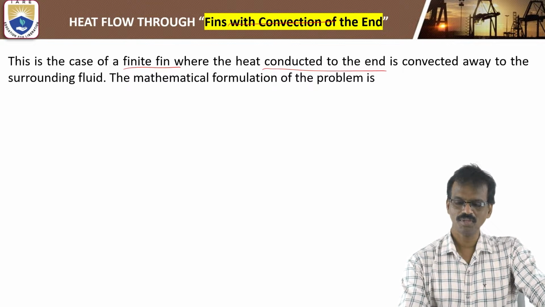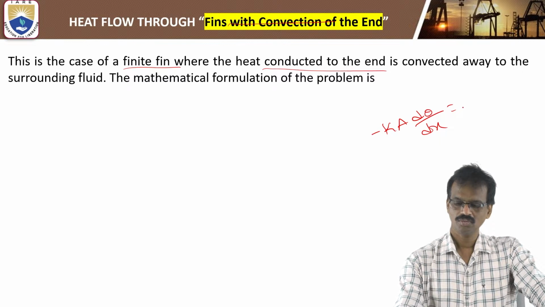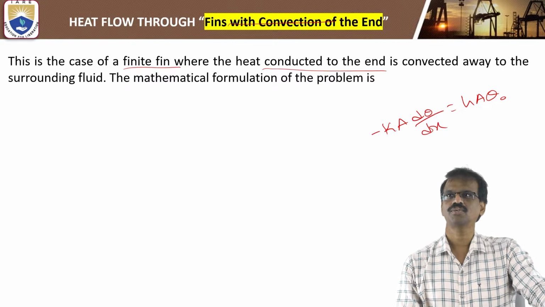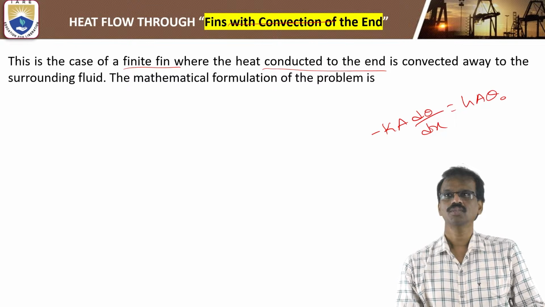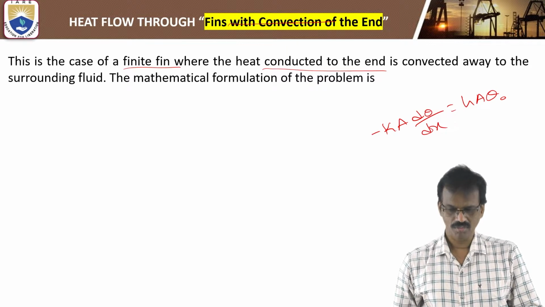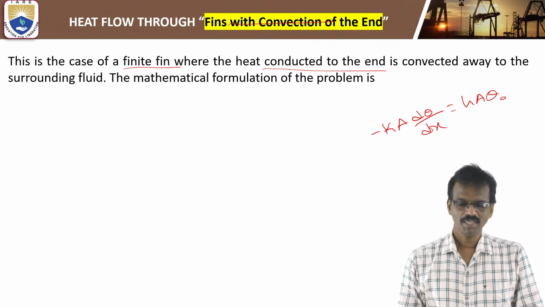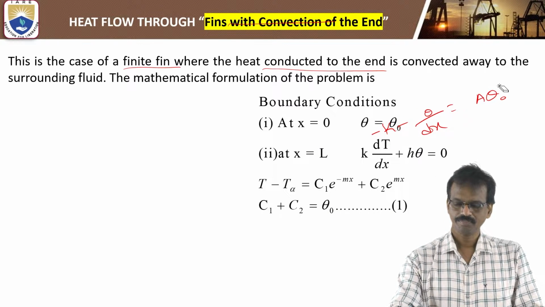So you know the formula: minus KA d theta by dx for conduction is equal to hA theta naught for convection. This principle you have to apply here, so based upon this, the second boundary condition will be changed.